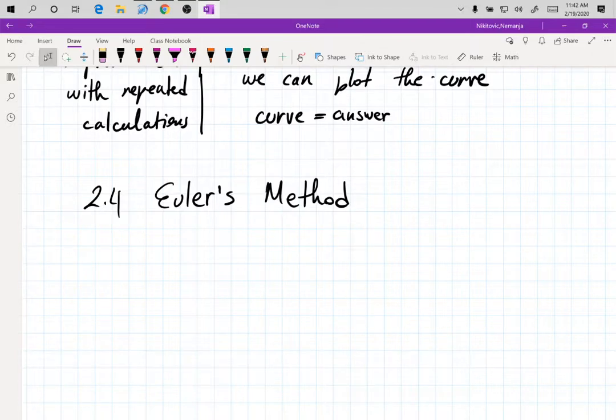And this method is going to take a differential equation, it's going to take the initial value that is given to you, and you are going to start your calculations from there. Hopefully you will try and code this into a loop and have the code working. So here is the algorithm.